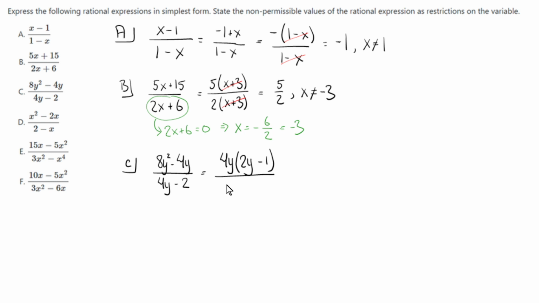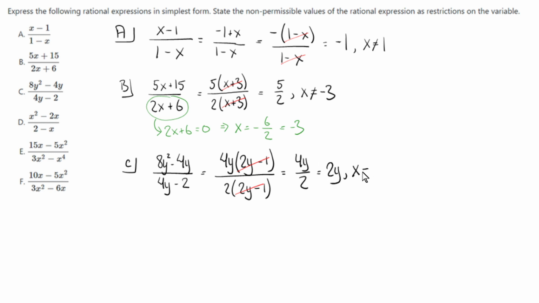In the denominator, we can factor out a 2, leaving us with 2y minus 1. This allows us to cancel these two binomials, leaving us with 4y over 2. 4 divided by 2 is just 2, so we're left with 2y.